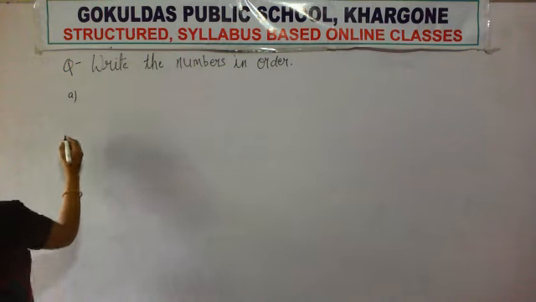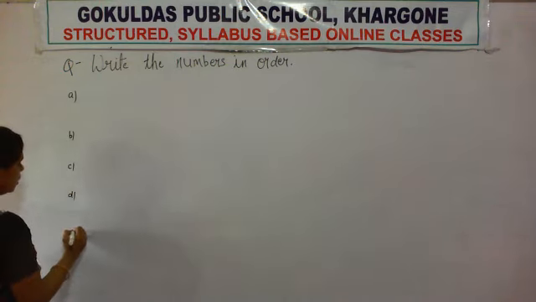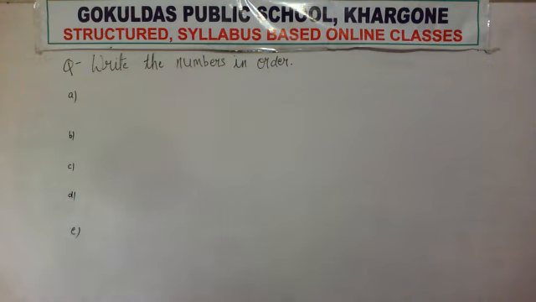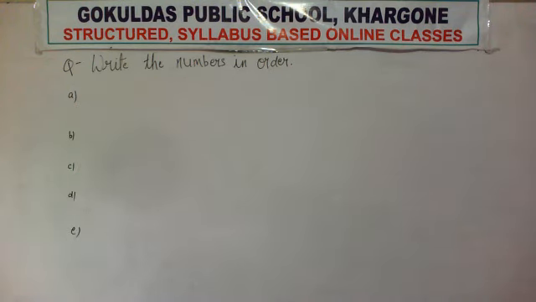A, B, C, D, and leave one box after writing the question, and then start writing A. After writing A, again leave one box and write B. So for each question you have to leave one box.